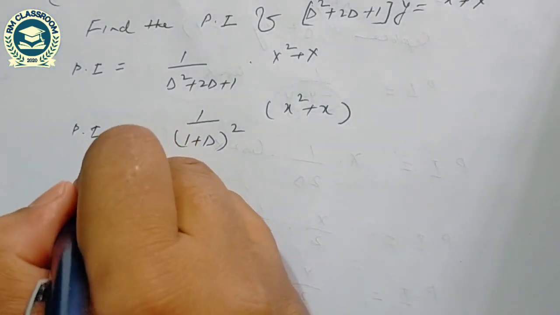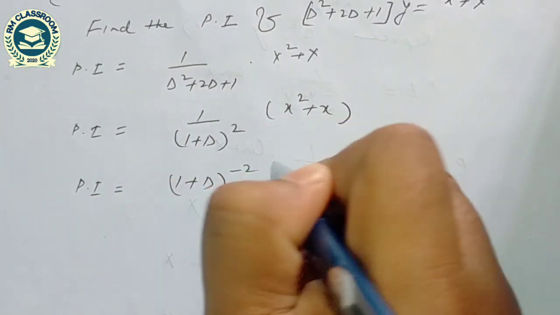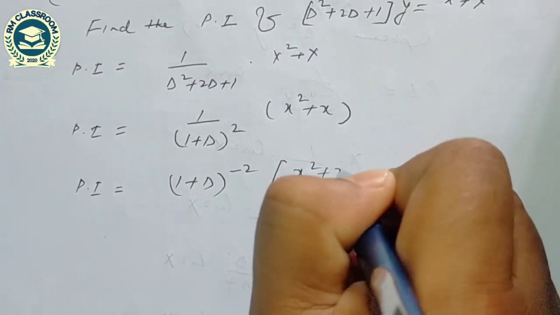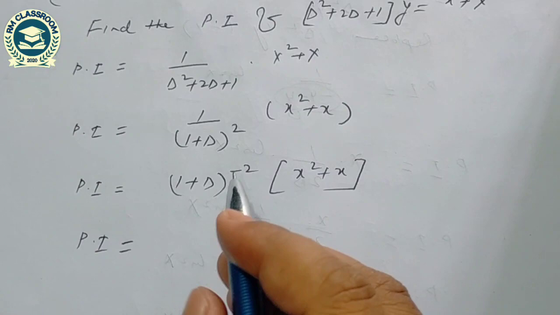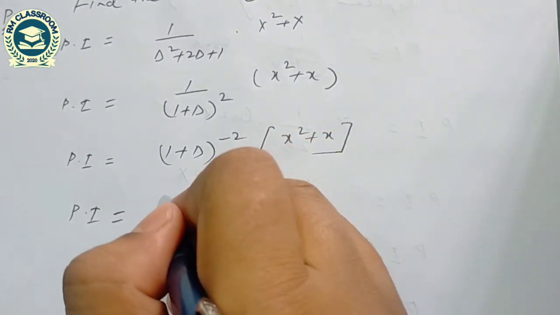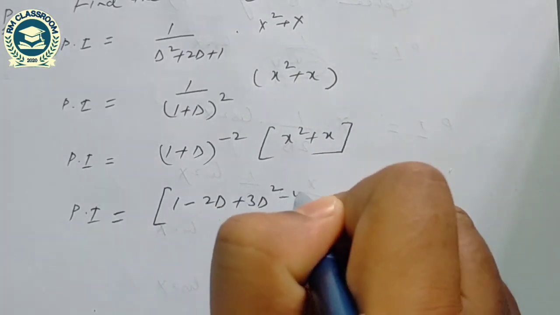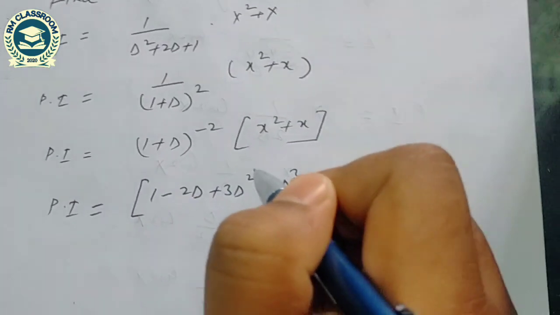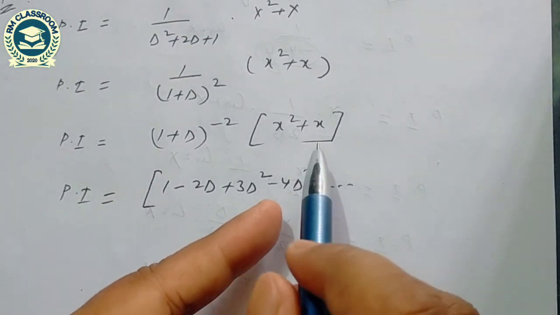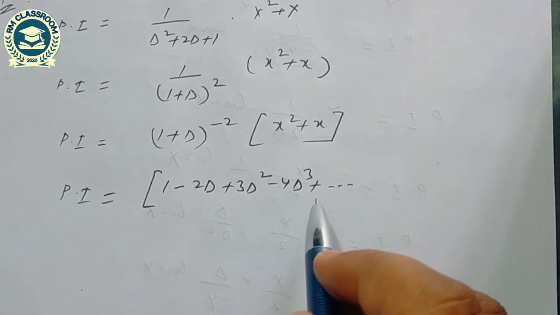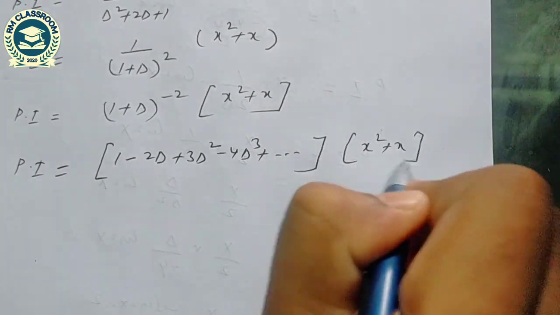And we know the expansion of 1 plus D to the power minus 2, which is 1 minus 2D plus 3D square minus 4D cube plus so on and so forth. You have to write just up to 4D cube because after the third derivative the value will vanish, that's why I have not written so on and so forth, into x square plus x.